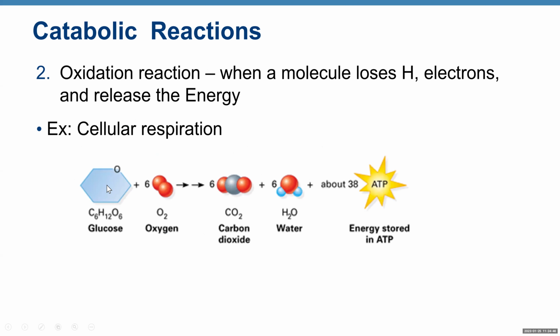Here, you don't use water. You oxidize, you use oxygen. So you oxidize glucose. So now glucose is a larger molecule. Look at your products, carbon dioxide and water, smaller molecules. They have less energy. So that means you're going to release this energy from breaking glucose down, and that energy will be used to synthesize ATP.